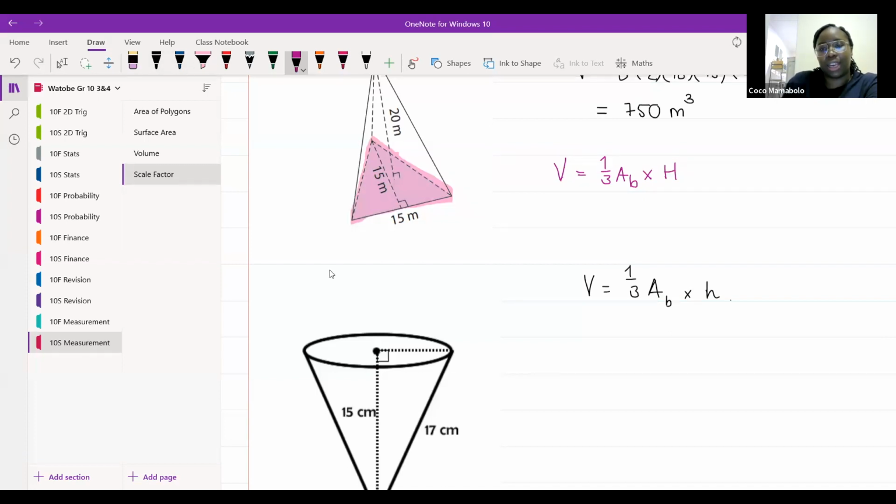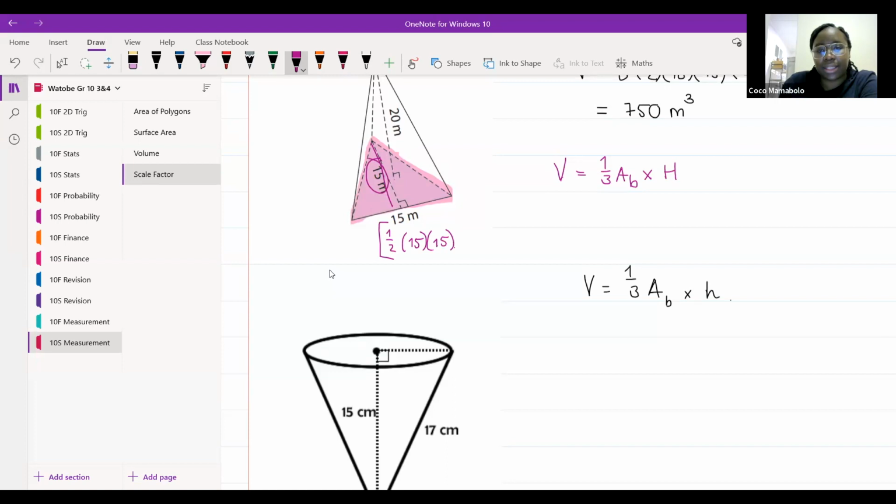I know that the area of a triangle is half of the base, which is 15, multiplied by the perpendicular height of my triangle, which is 15. So half of 15 times 15.